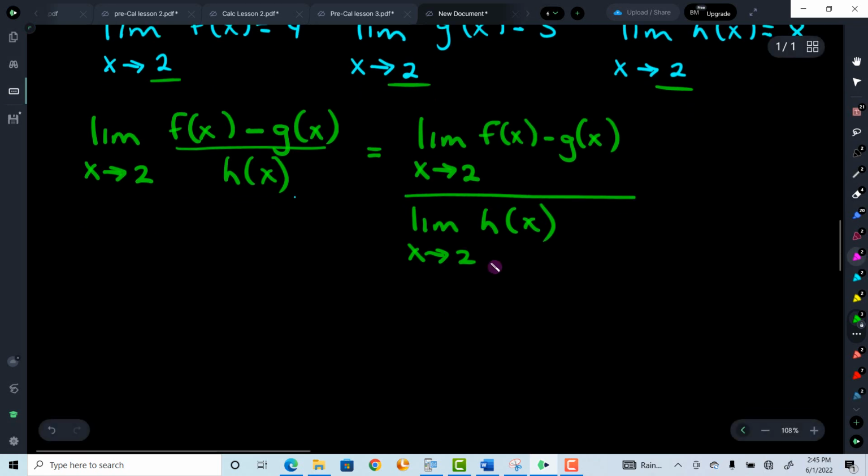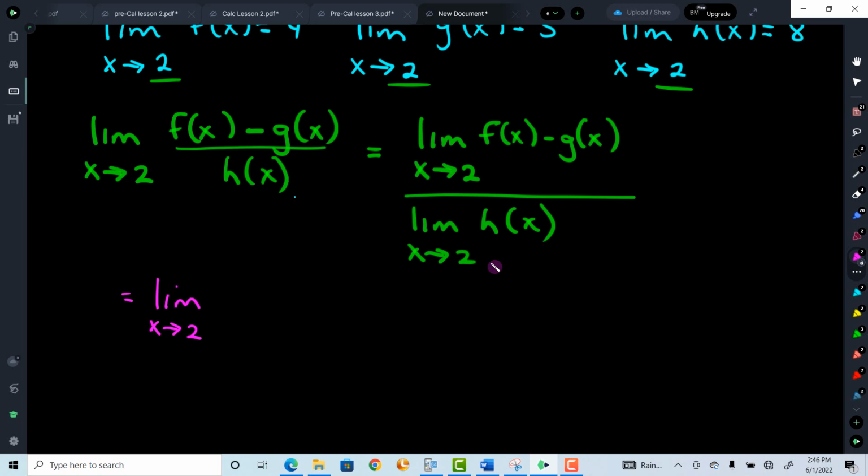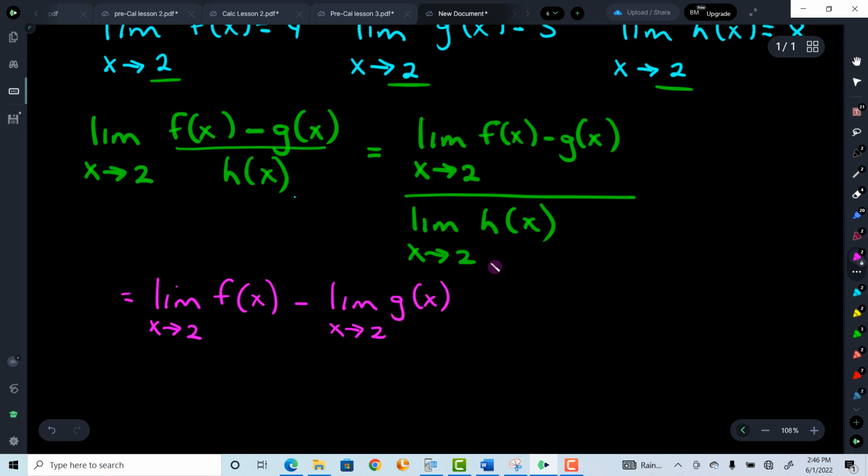Okay, and then I'm going to apply another property. The limit as x approaches 2. So instead of writing f of x minus g of x, we're going to write the limit as x approaches 2 of f of x minus the limit as x approaches 2 of g of x, divided by the limit as x approaches 2 of h of x.